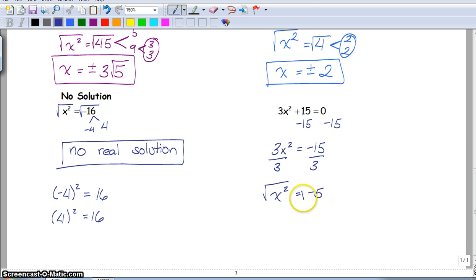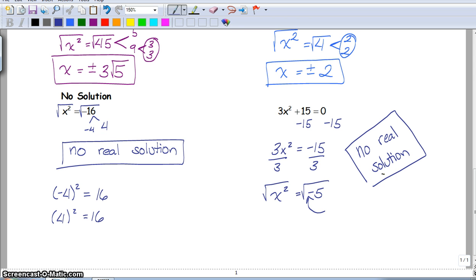Take the square root of both sides. Again, the problem is I have a negative underneath the radical. I can't simplify that. Nothing times itself will get me to negative 5. So this has no real solution. So anytime you see a negative number underneath the radical, no real solution is going to be your answer.